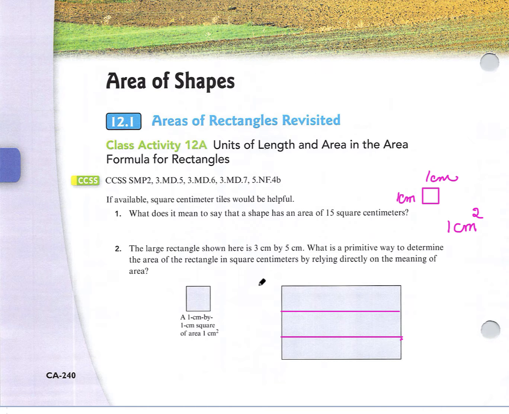That means that if we have a width of 3 and a length of 5, we can cover this with 15 of these square centimeters.